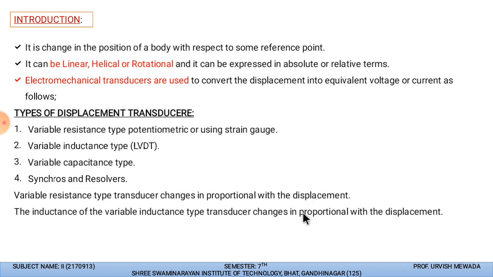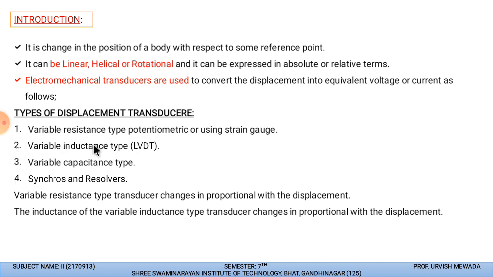So the variable resistance type transducer changes in proportion to the displacement. Also the inductance of the variable inductance type transducer changes in proportion to the displacement. In these various types of displacement measurement transducers, we use the functions of all the electrical elements.